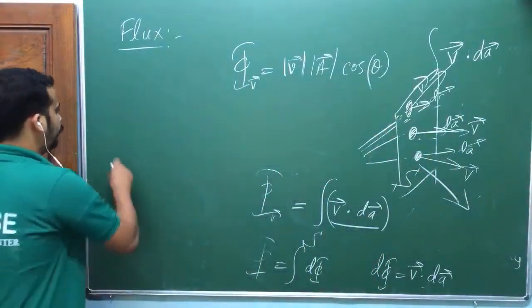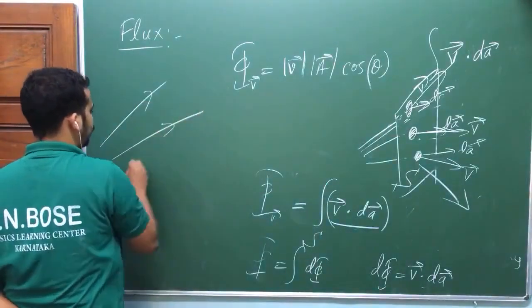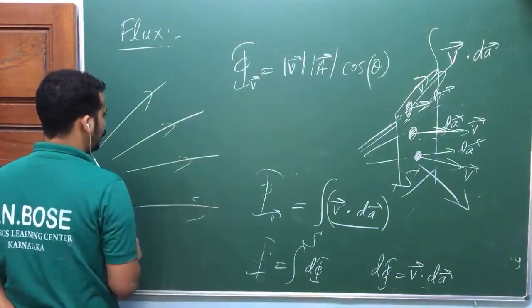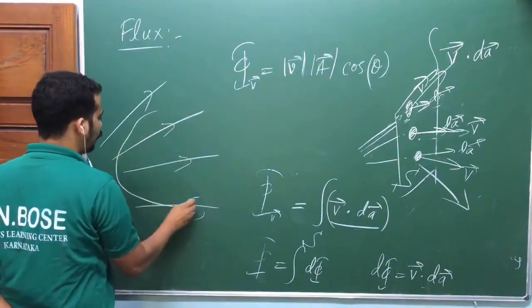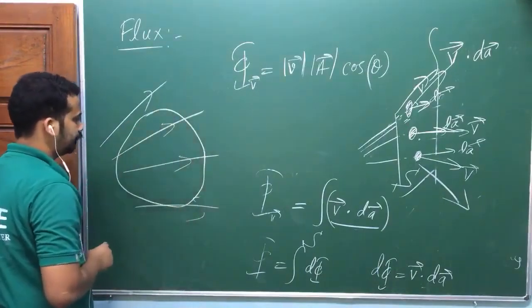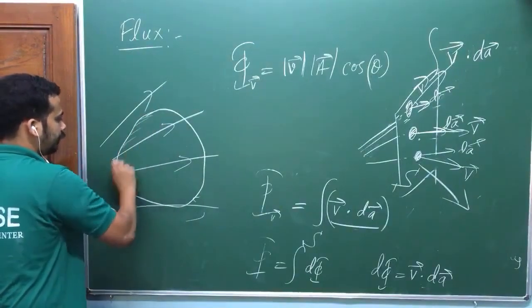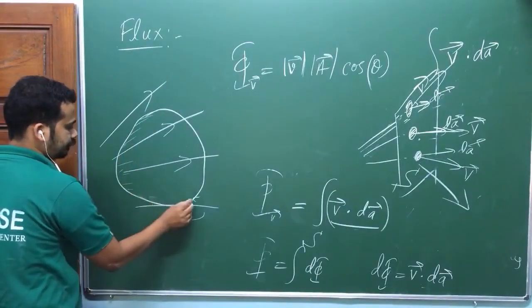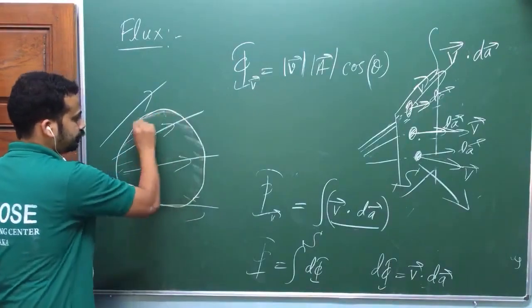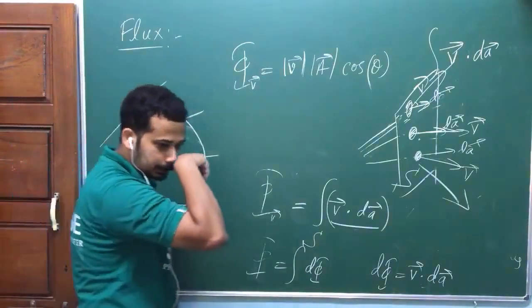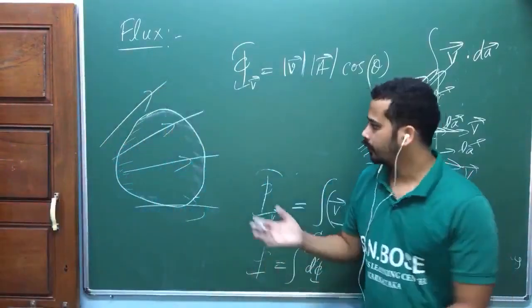But if you have a vector field like this, but you have a closed surface area. Can you just imagine a closed surface area? Suppose you have a closed one.